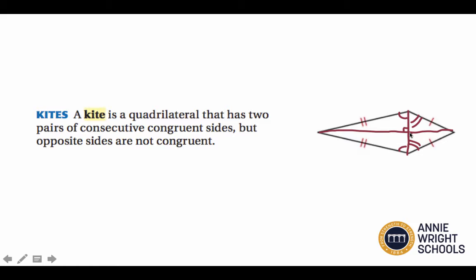The other thing that we can do is I can draw in just this diagonal here, and I can get two triangles congruent by side, side, side. So I know this angle is the same as that. I know this angle is the same as this angle. I know that angle there is the same as that angle there.